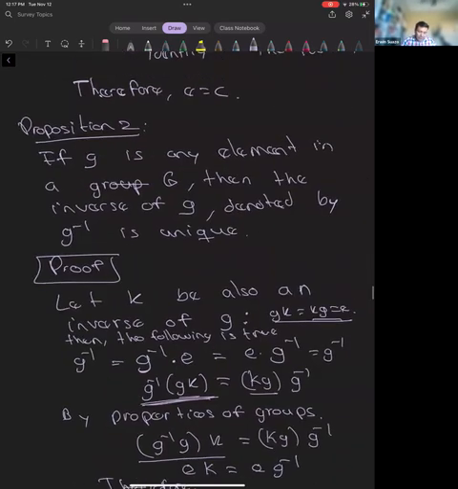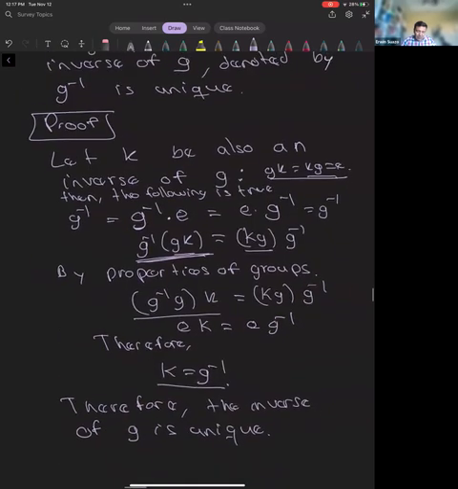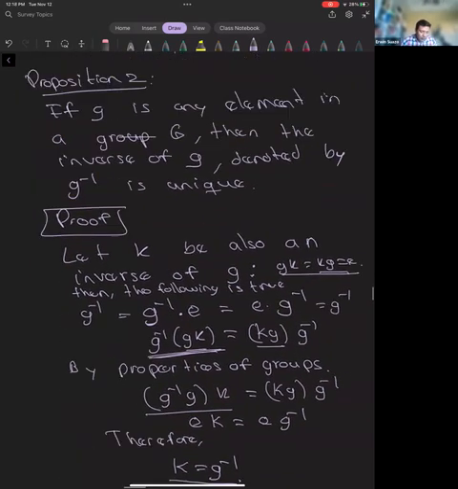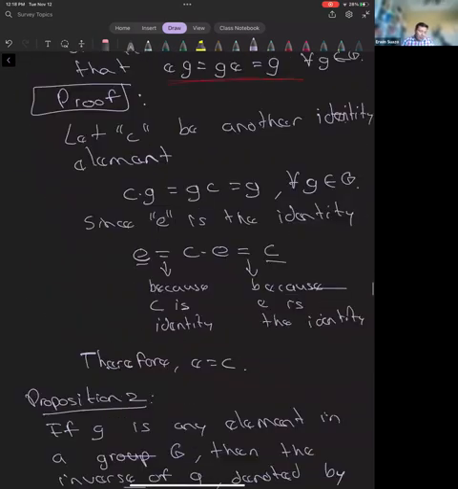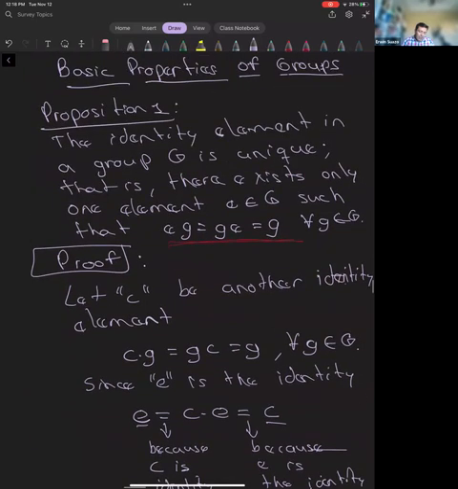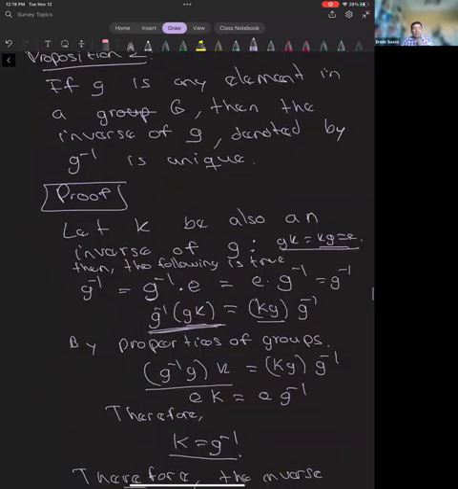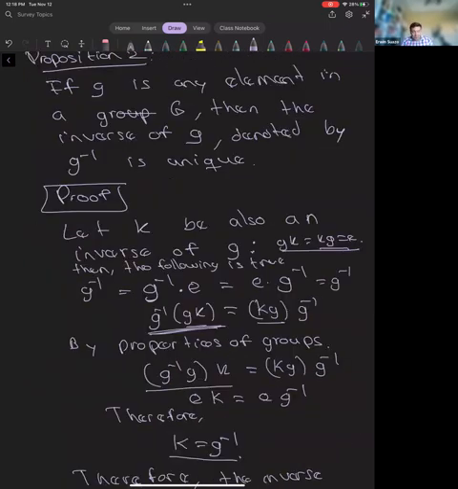Okay? That's how the proof goes. So we have proved the identity element is unique and the inverse of any element is unique.